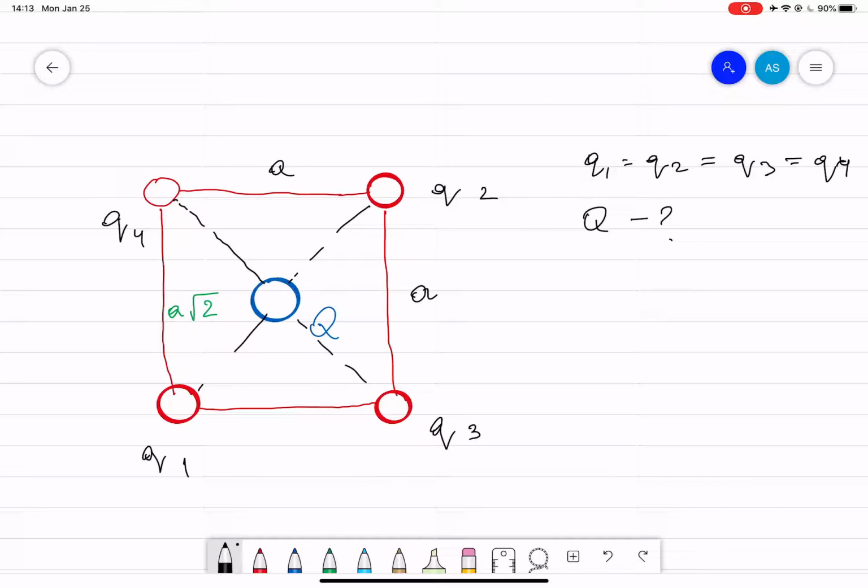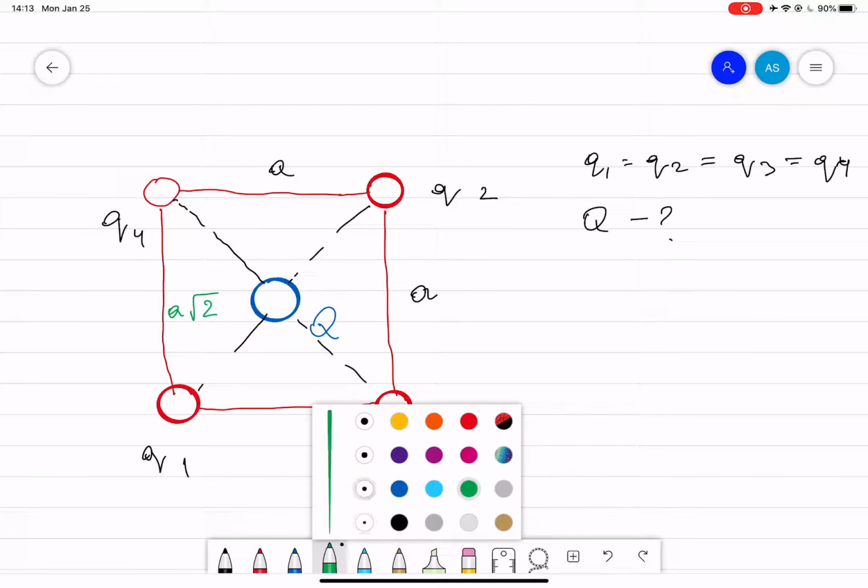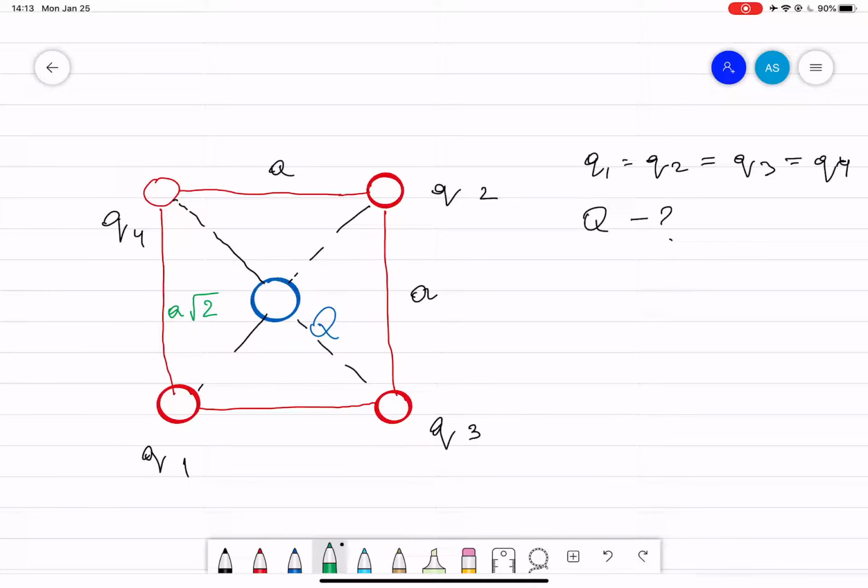As you can guess, it should be negative, so that all of them are attracted and the forces are balanced. If you choose Q4, then we can call this force F_Q.